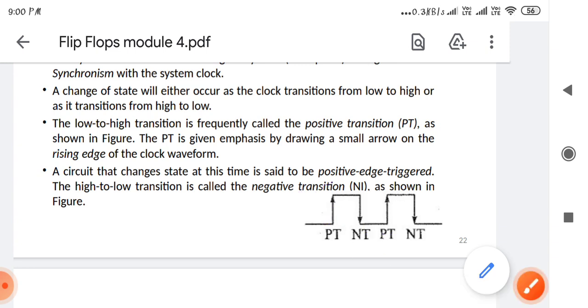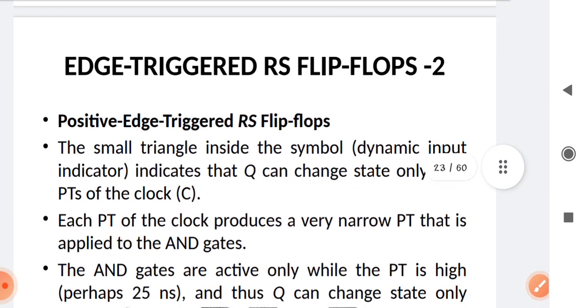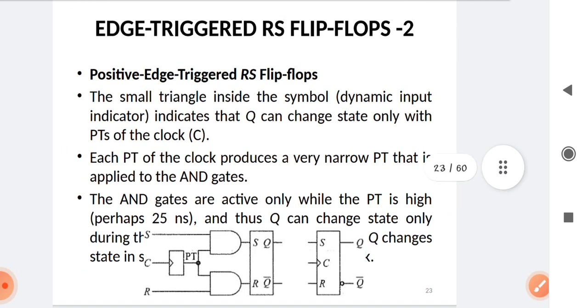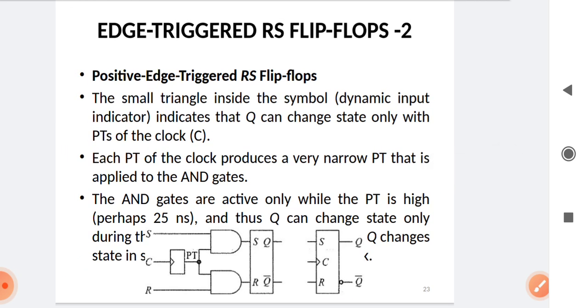Edge triggered RS flip-flops: the positive edge triggered RS flip-flop has a small triangle inside the symbol, the dynamic input indicator. Q can change state only with the positive transition of the clock.